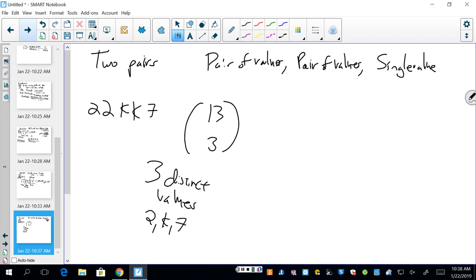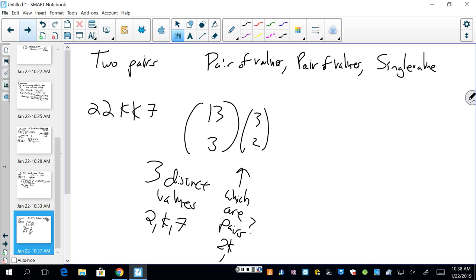So we have 3 values now. We would choose 2 of those to be the pairs. And so this would say the 2 and the king are our pairs, and the 7 is going to be a single thing. So we know our values, and we know which ones are doubles and which ones are singles.